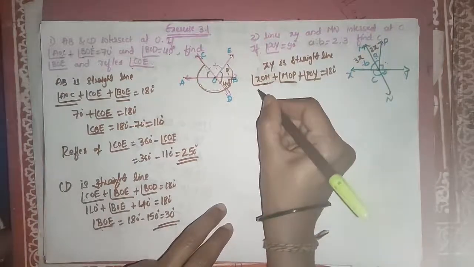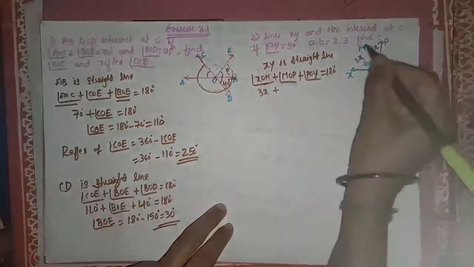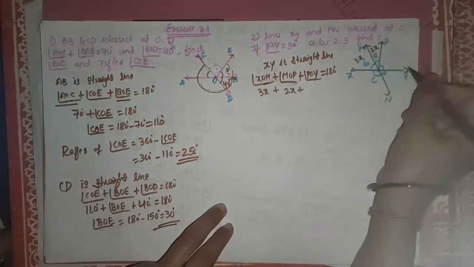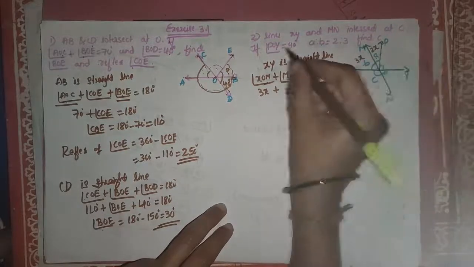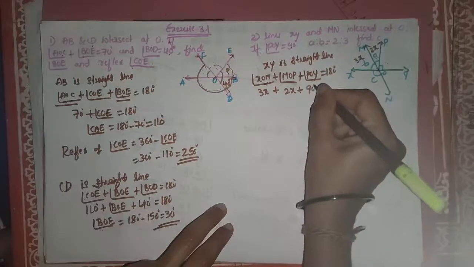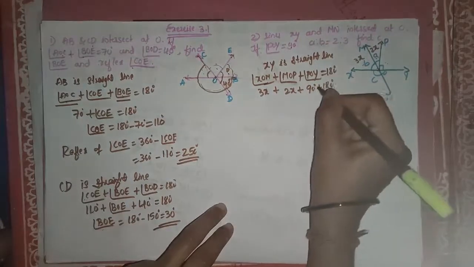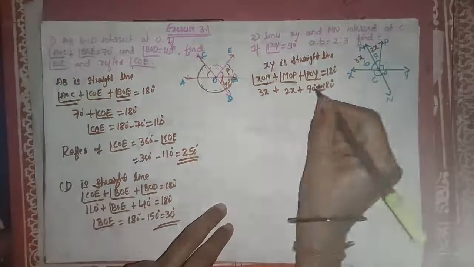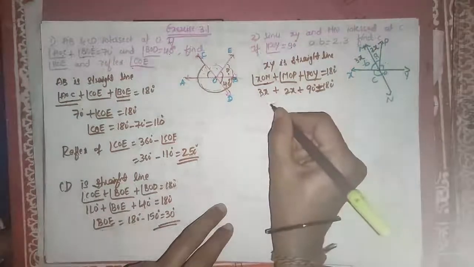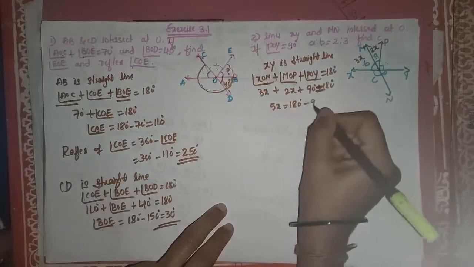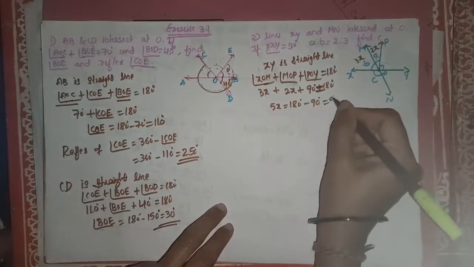XOM I write as 3x, plus MOP as 2x, plus POY. We know that POY is 90 degrees, and this equals 180 degrees. Then 3x plus 2x is 5x, equals 180 minus 90. So 180 minus 90 is 90 degrees.